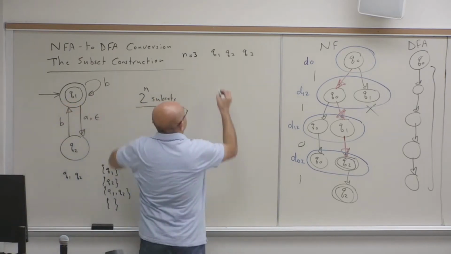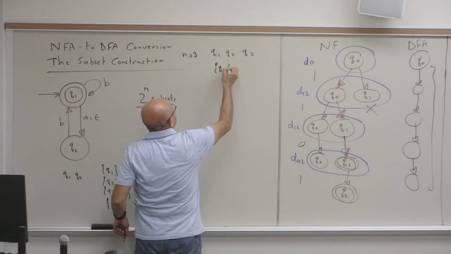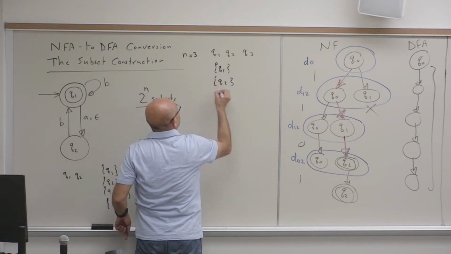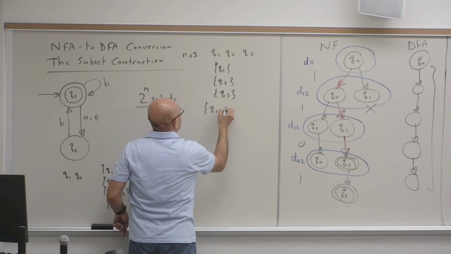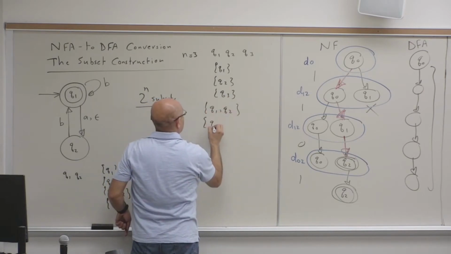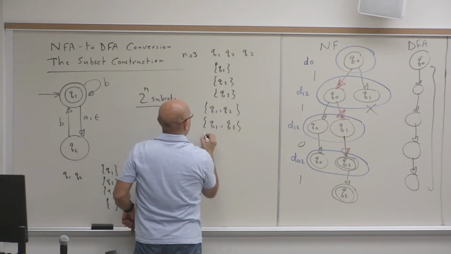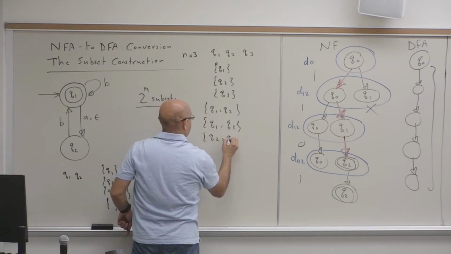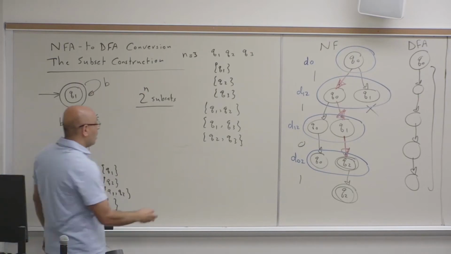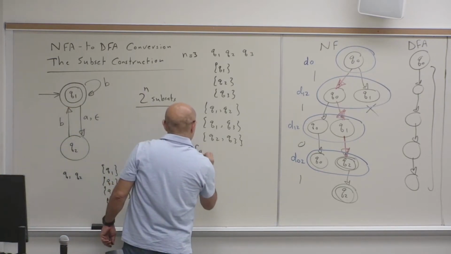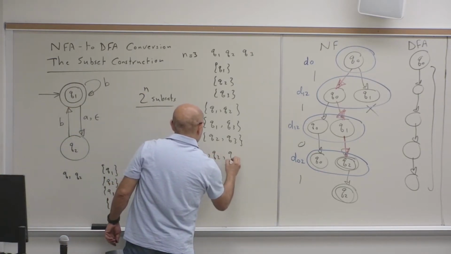These 8 subsets are Q1 by itself, Q2 by itself, Q3 by itself, Q1 Q2, Q1 Q3, and Q2 Q3. What else? All of them is another subset, Q1, Q2, Q3.